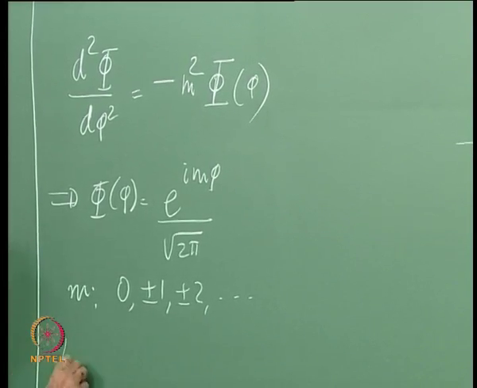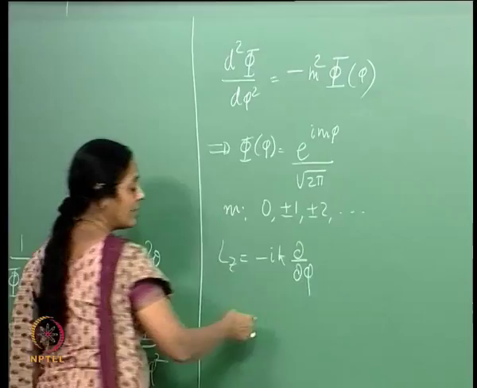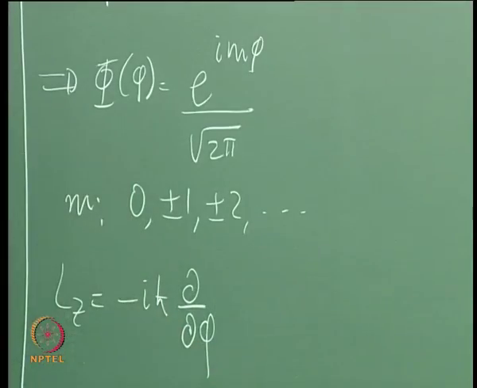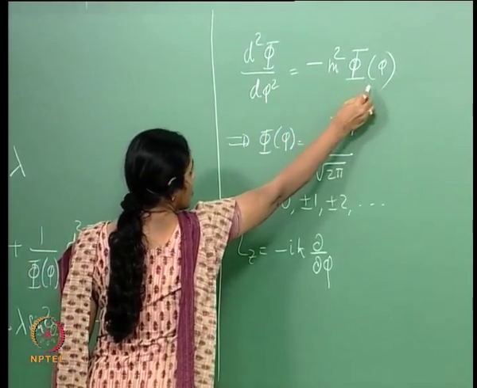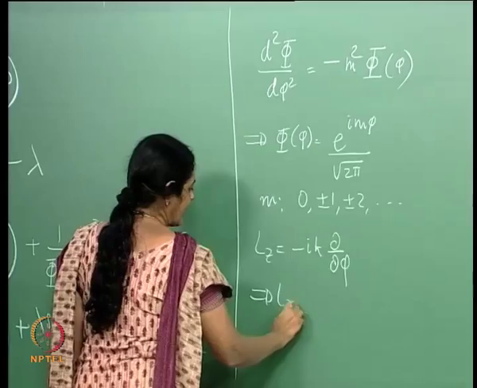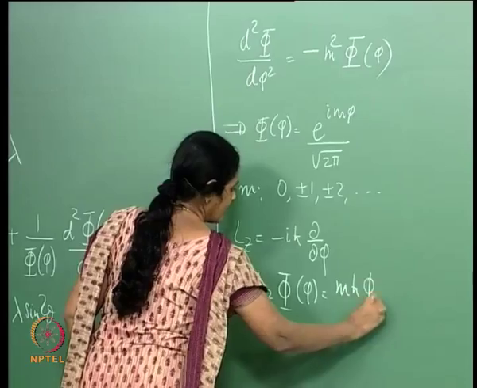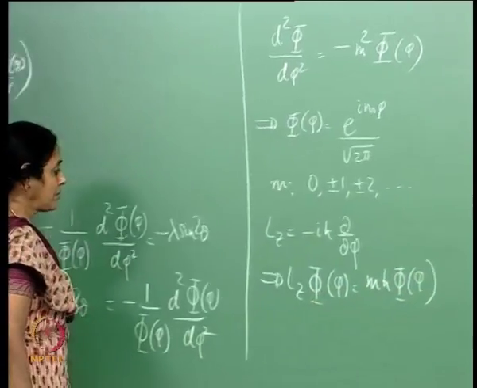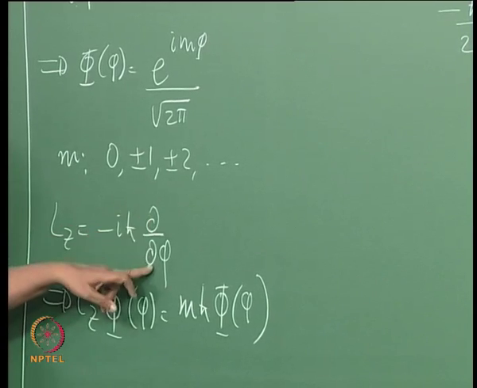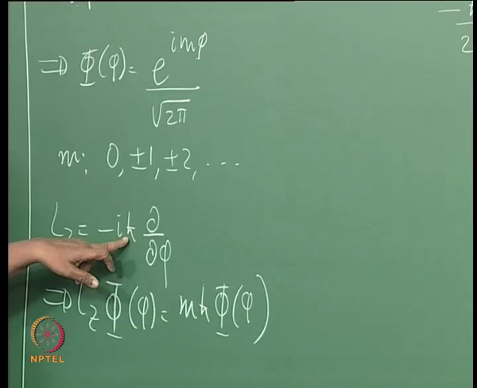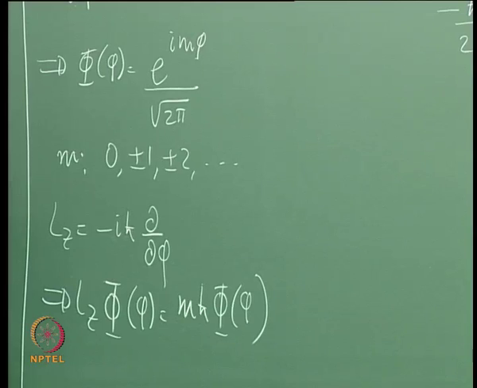You will recall that Lz is minus I h cross delta by delta phi in spherical polars. Therefore, d2 phi by d phi squared is minus m squared phi of phi, implies that Lz phi of phi is m h cross phi of phi. So delta 2 by delta phi squared, pull out the minus I h cross out here, and you get this.